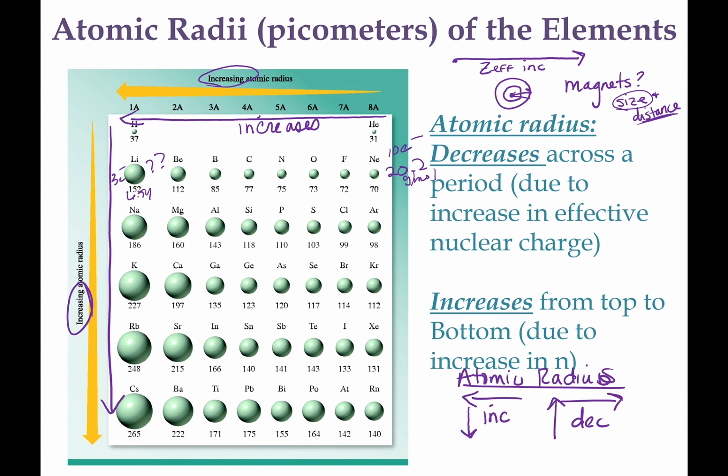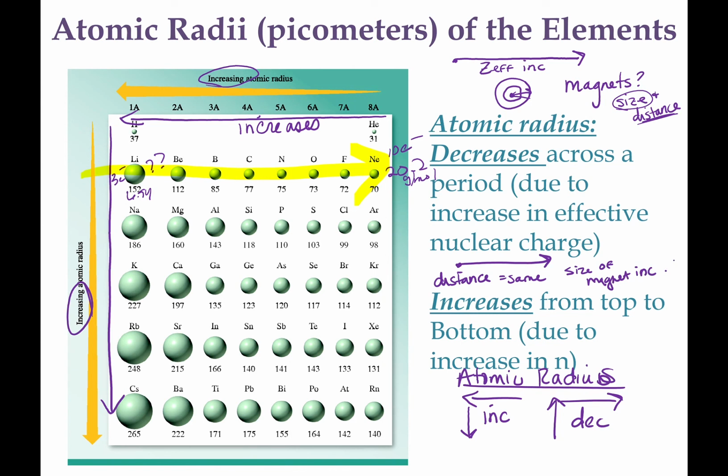Well, as we go across a period from left to right, the distance stays the same, but the size of the magnet increases.